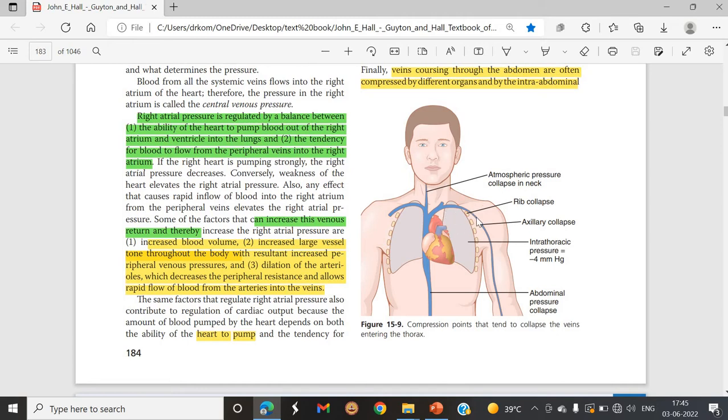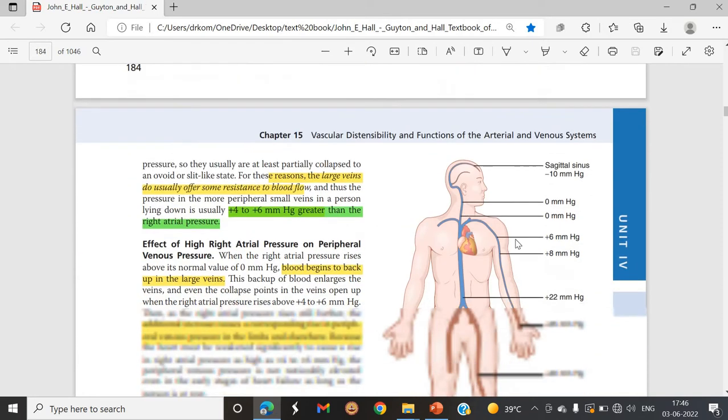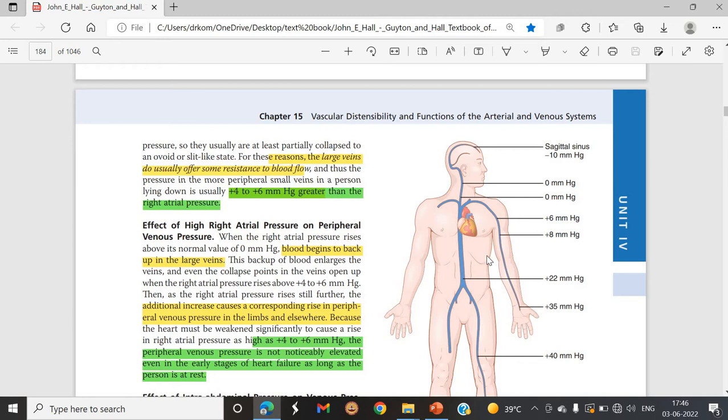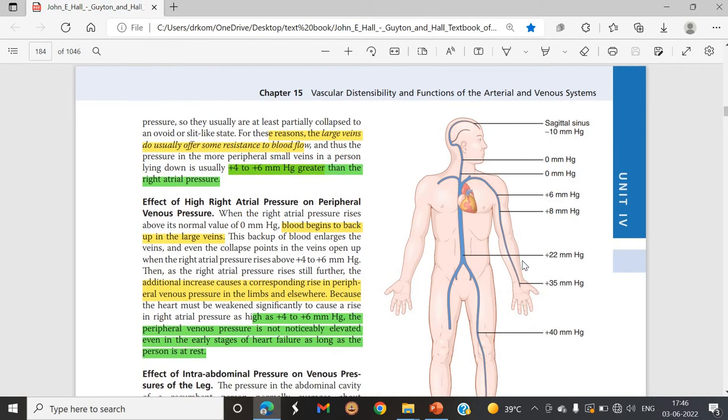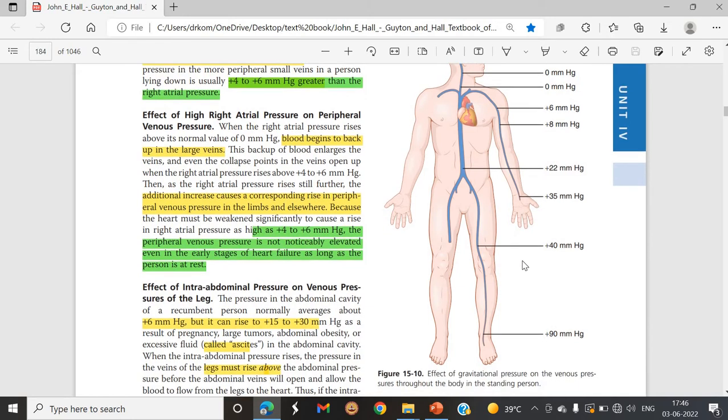The veins are slit-like, minorly obstructed or pressed by the first rib. Also, the abdominal organs will press the veins. So that's why you have plus 4 to 6 mmHg pressure in veins, even when the gravity effect is removed. Okay, so this page tells only these things.